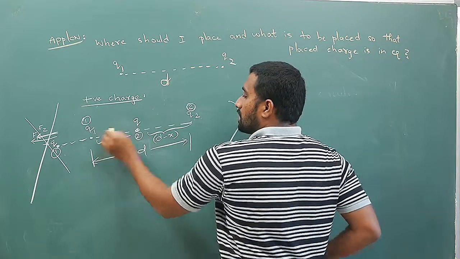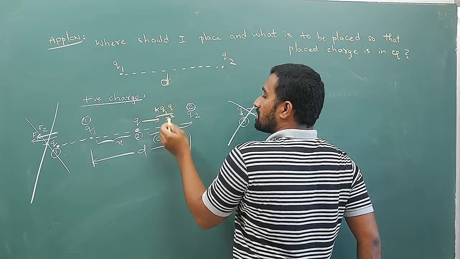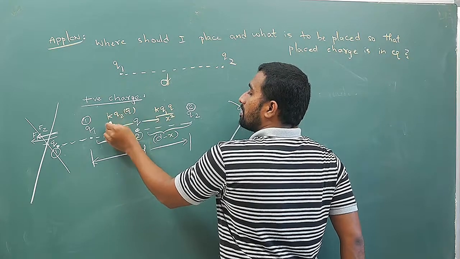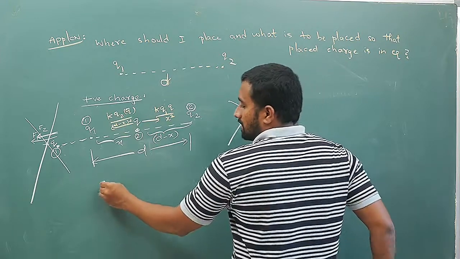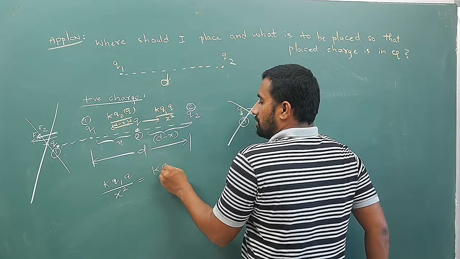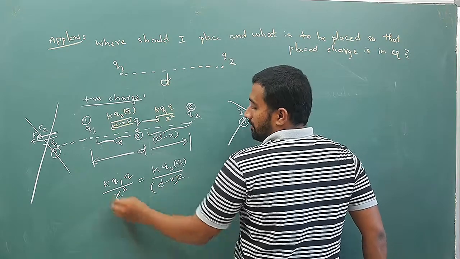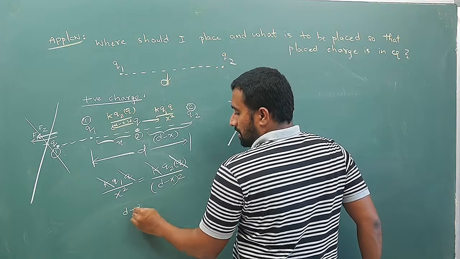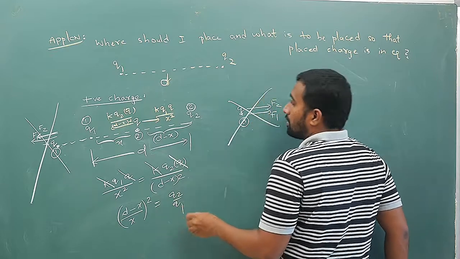Then because of this Q1 charge, k into Q1 into q by x square is towards right. Because of Q2 charge, k into Q2 into q by d minus x whole square is towards left. If net force is 0 on this, then k Q1 q by x square will be equal to k Q2 q by d minus x whole square. So d minus x by x whole square is equal to Q2 by Q1.